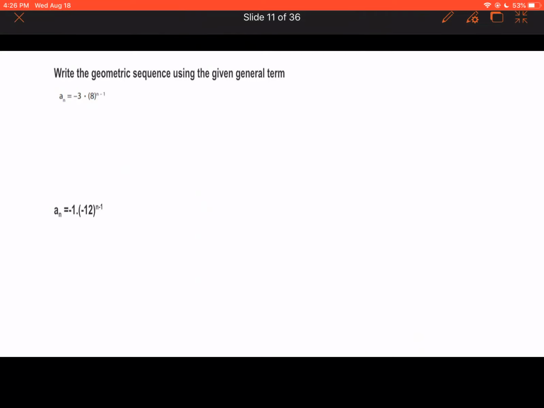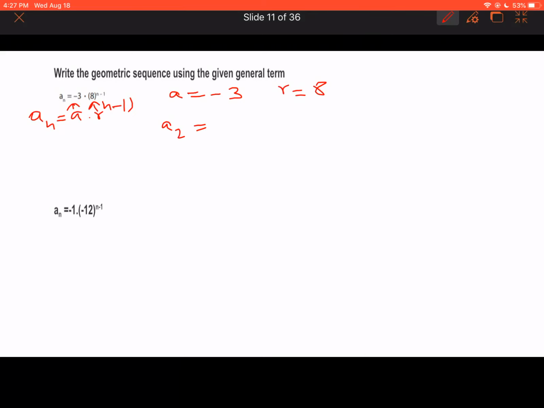Here the value of a is identified as minus 3, and the value of r is equal to 8, because we compare it with the general form a times r^(n-1). So when we compare that, a is minus 3 and r value is 8. Once we find that, it is very easy using the recursive formula.